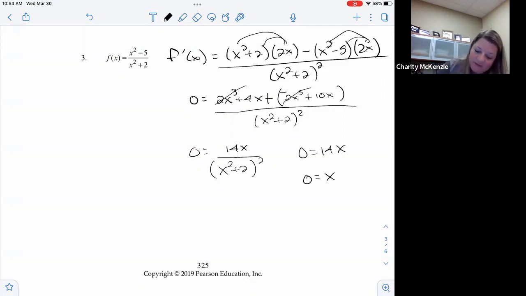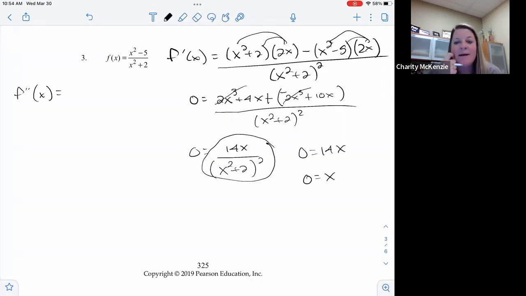Now, if we went to do the second derivative, we would do that of this simplified version right here. So again, original top, x squared plus 2 squared times the derivative of the top, which is 14, minus the original top, 14x. Oh, kind of running out of room here.